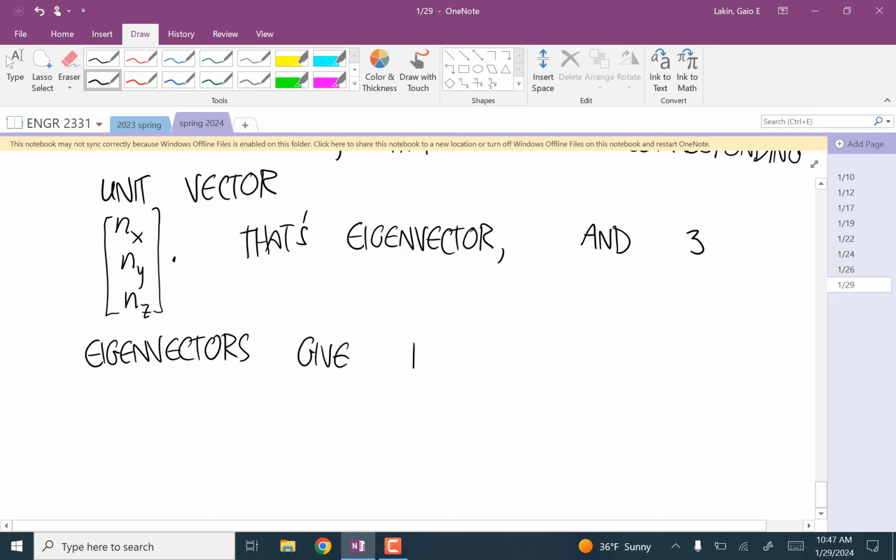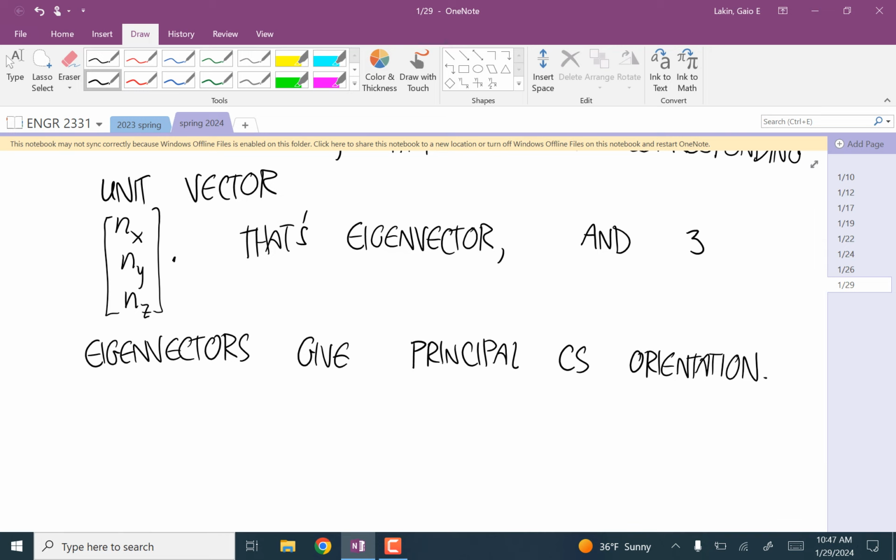Would that be the principal orientation as a vector from where your current orientation is? Yeah. It'll give you 3 unit vectors, and those are vectors in your original coordinate system, and you build your new coordinate system based on those.